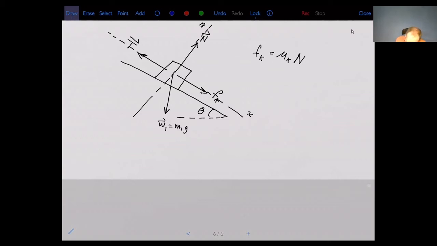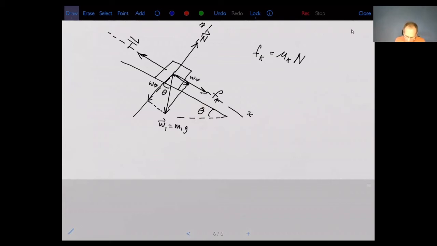So I'm going to resolve this into the y component of the weight, which is like this, wy, and then the x component of the weight, which is like this, wx. And remember, this angle theta that the ramp makes with the horizontal, it turns out that's exactly the same as this angle theta.